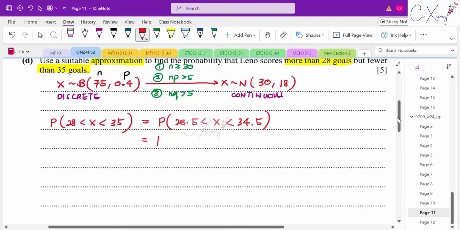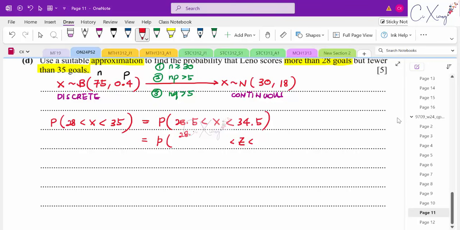Okay, so since I already know that this is normally distributed, you have to change x to z by standardizing. How to standardize the variable? You have to minus the mean, divided by the standard deviation. Same thing happens for the value 34.5.